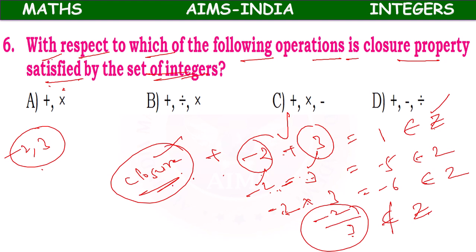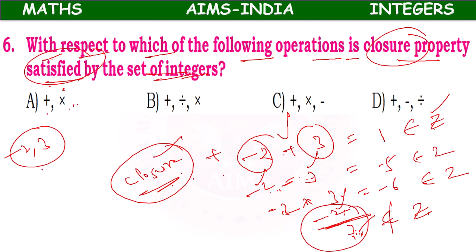In the same way it is applicable in multiplication. But whereas in division, minus 2 is an integer, 3 is an integer, but minus 2 by 3 is not an integer.